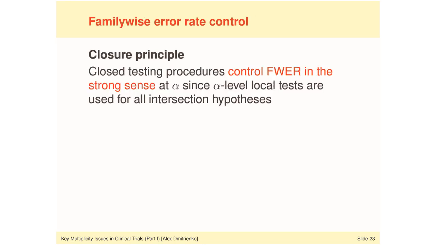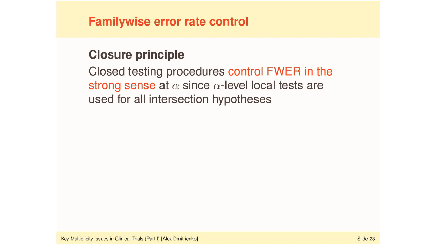But before I explain to you how this Bonferroni-based closed testing procedure actually works, let me say a few words about the most important property of any closed testing procedure. By the closure principle, any closed testing procedure, in general, controls the family-wise error rate in a strong sense at the alpha level, which was the predefined alpha level applied within each box, within each intersection hypothesis.